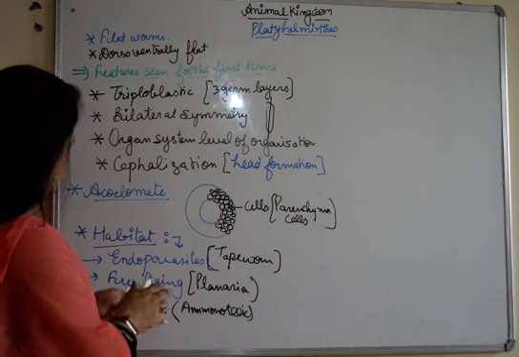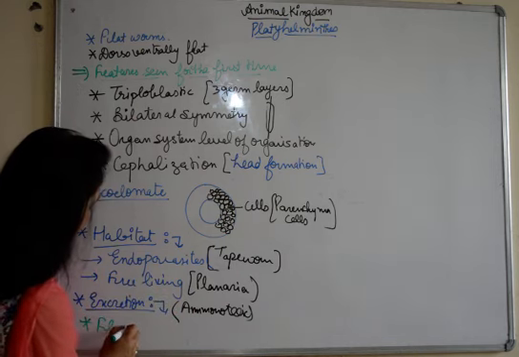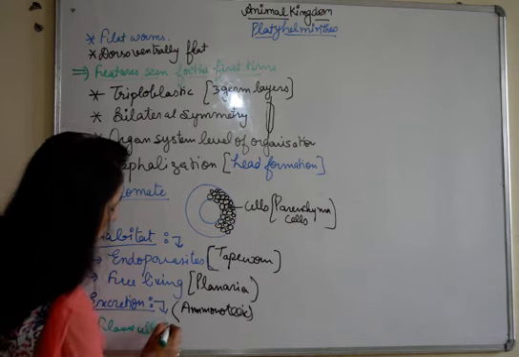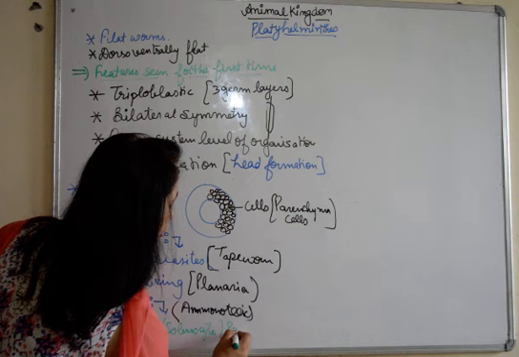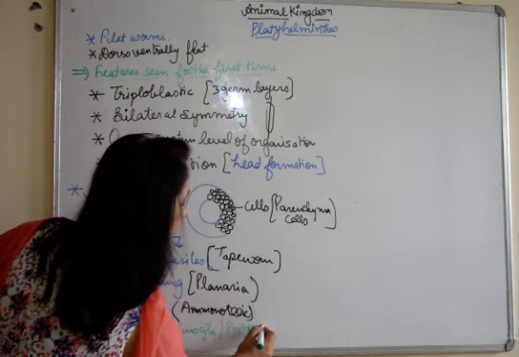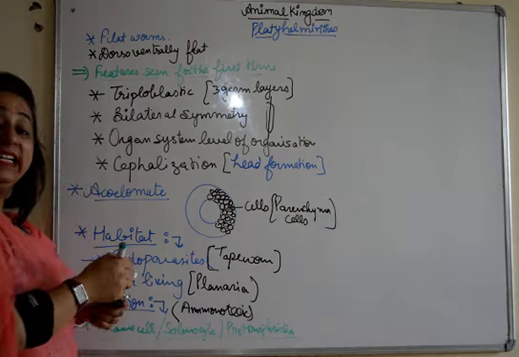Now herein they have a specific feature. I'll write it with a different color. They have special flame cells, which are also known as solenocytes, or also called protonephridia. So these are the excretory structures.